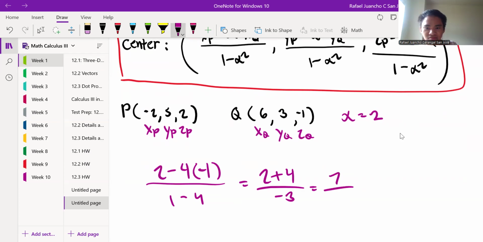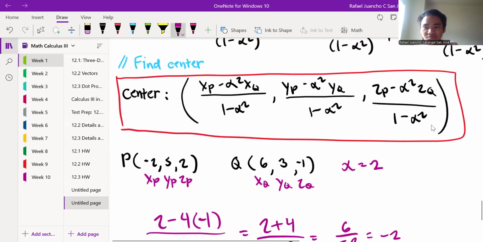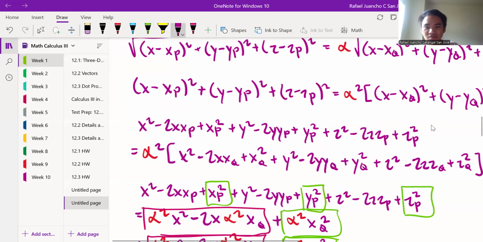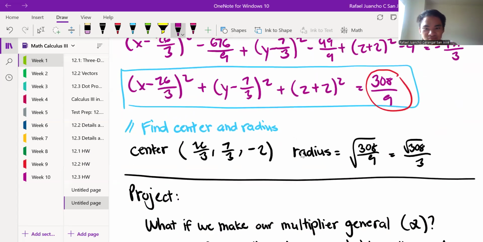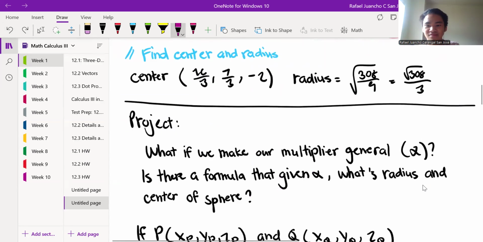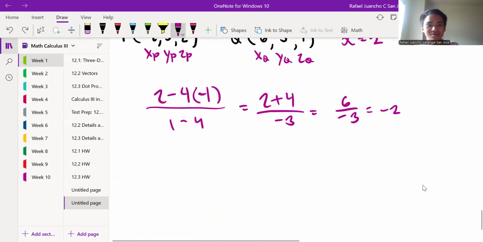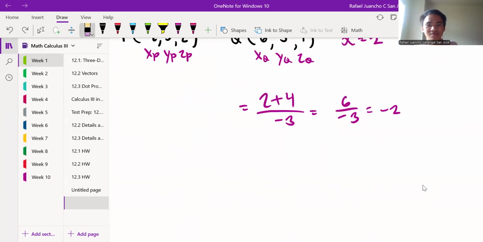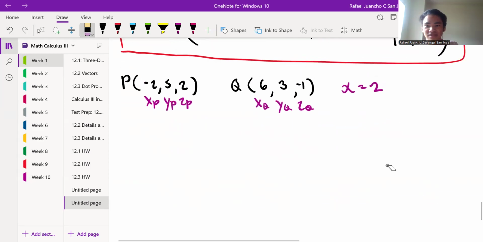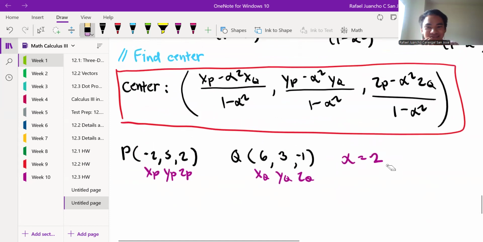So that's 6 over -3, that's -2. So our z is supposed to be -2, which we also got here. Right? Okay. So we can now say that this works. So that's our center, right? I'm going to erase this.